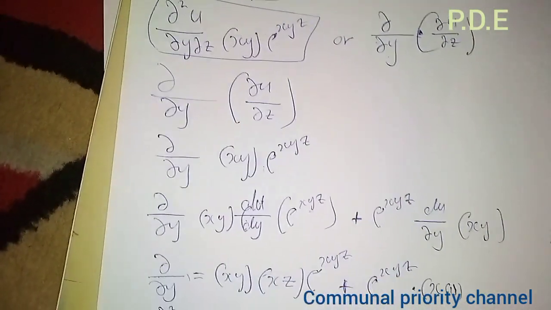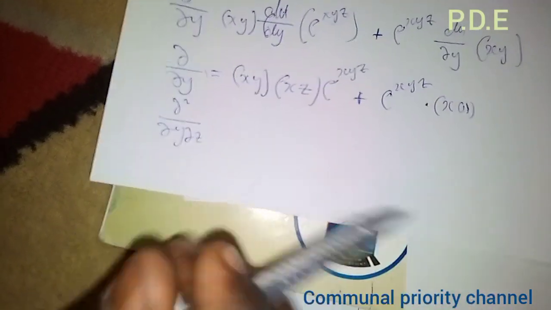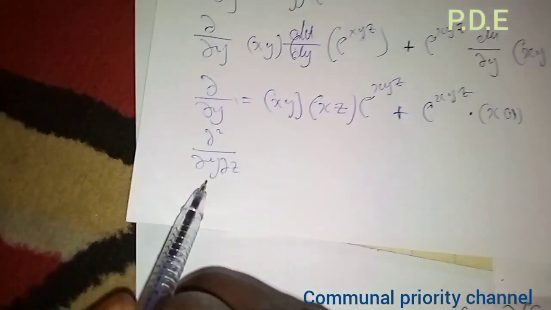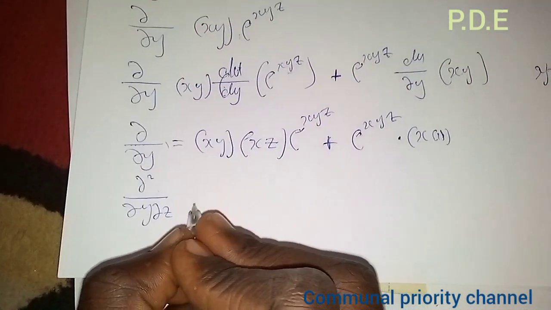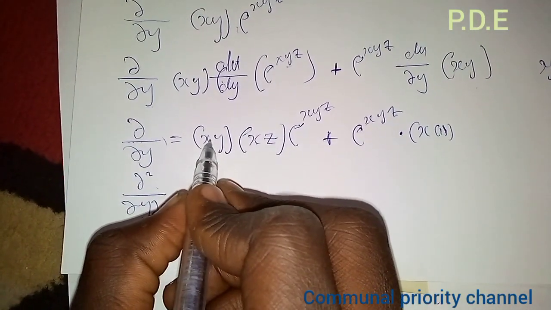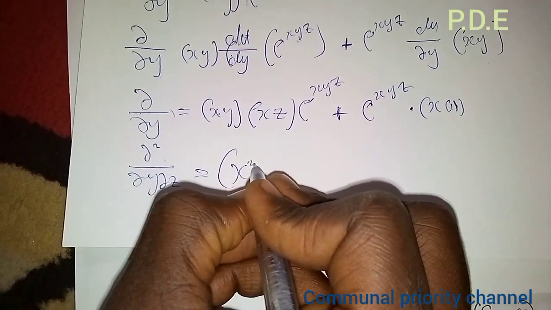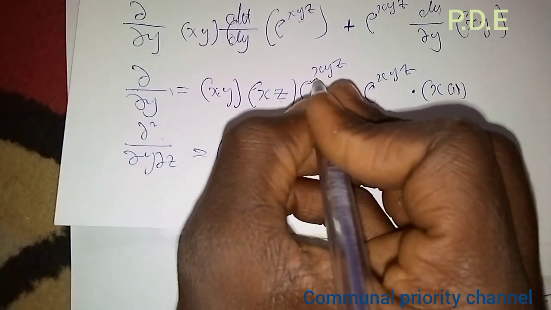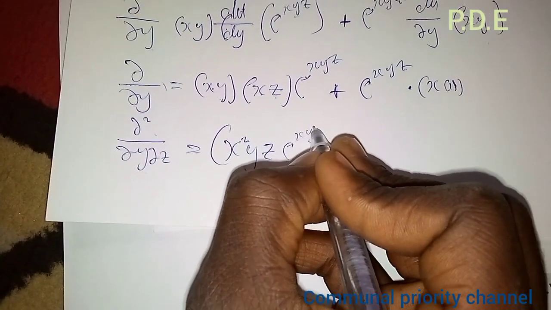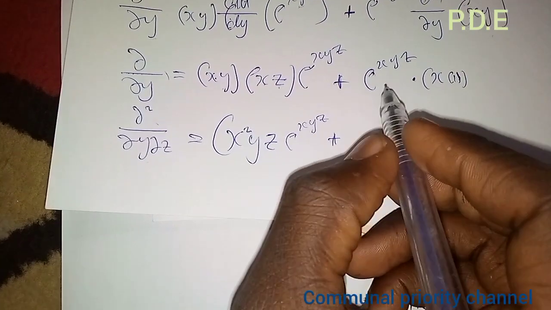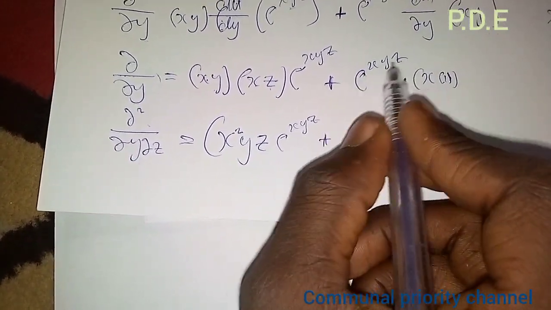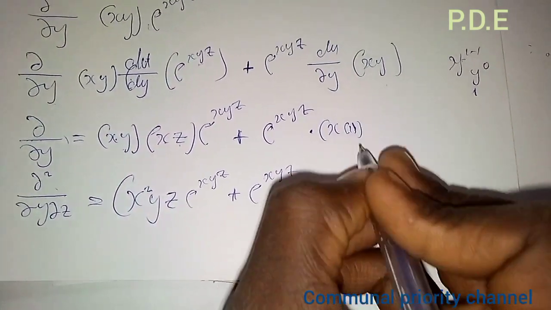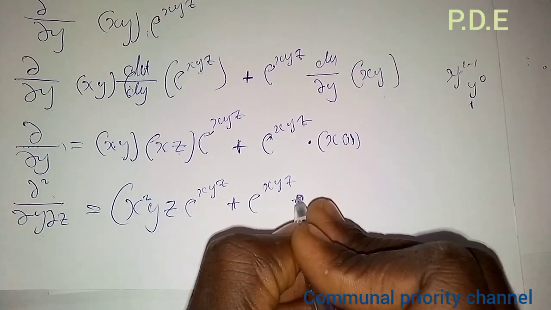Well, now the next thing: ∂²u/∂y∂z equals x times x, which gives you x². So this will be x²y, then z, then put your value e^(xyz), plus multiply by this value, e^(xyz).